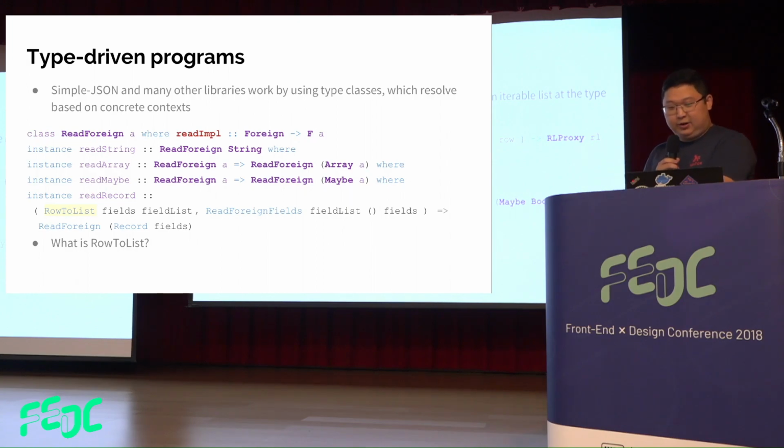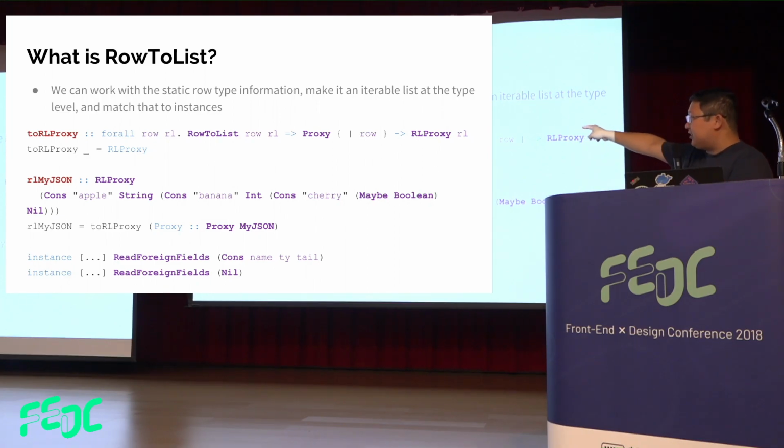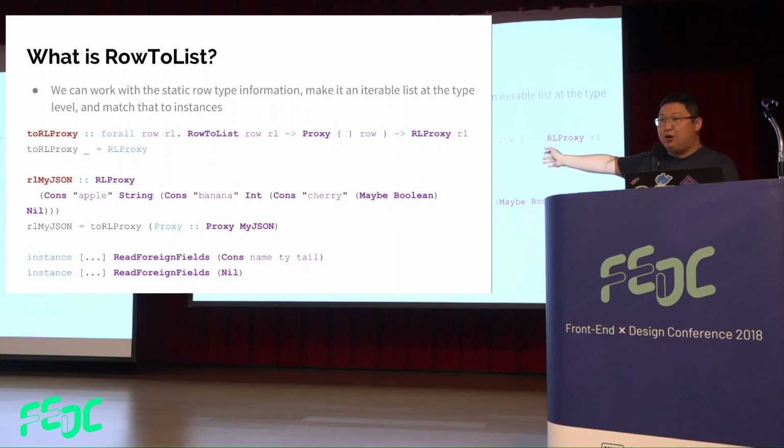So what is RowToList? It's this compiler type class that can take that row type information and turn it into an iterable list. That means that if I define a concrete function toRLProxy, at the value level, it's just going to be RLProxy in the end, after I've done the conversion.